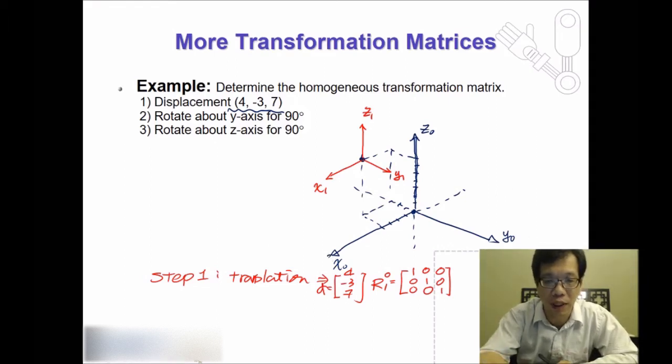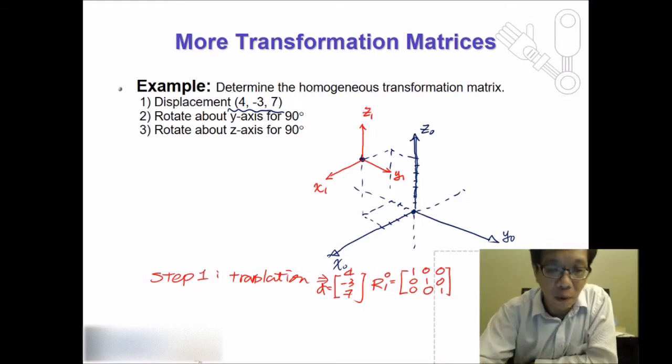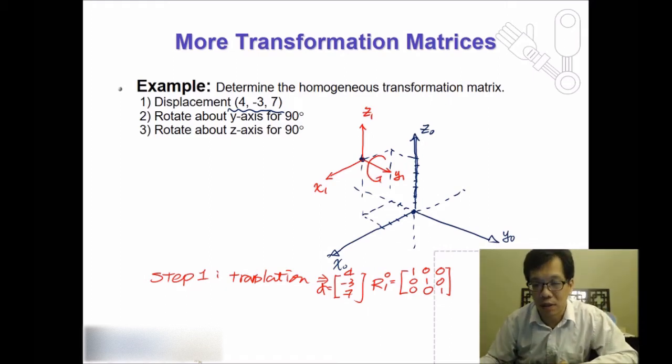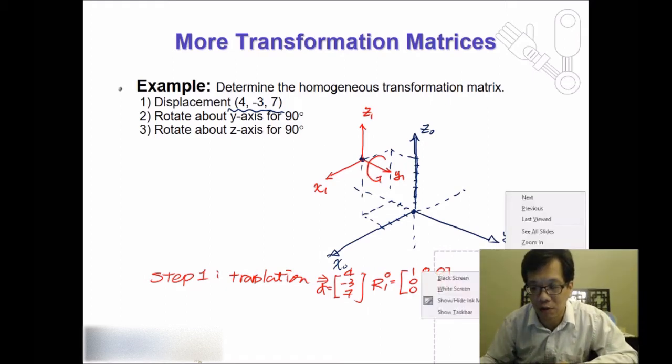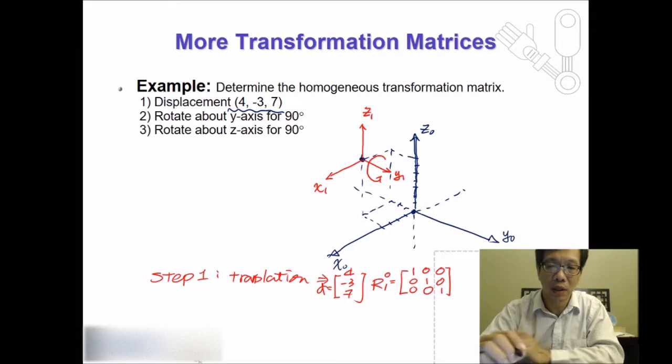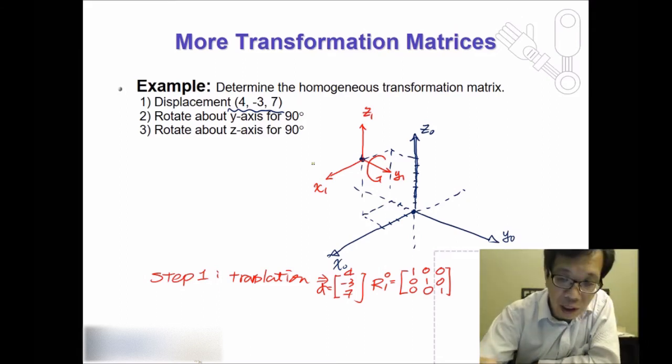So the second step is change this coordinate and rotate about y-axis. So it's going to be rotated about this axis. Let's change the color again. So after doing that, I'll rotate 90 degree.